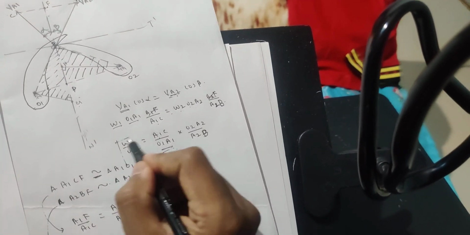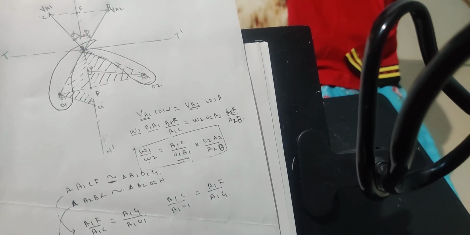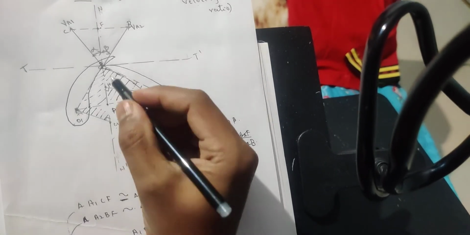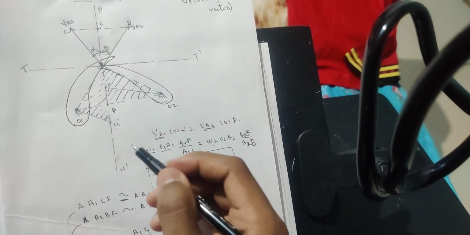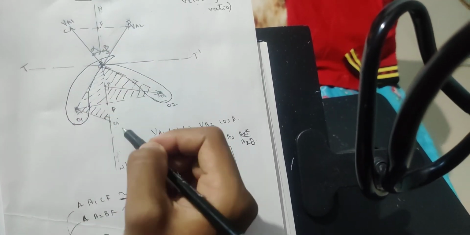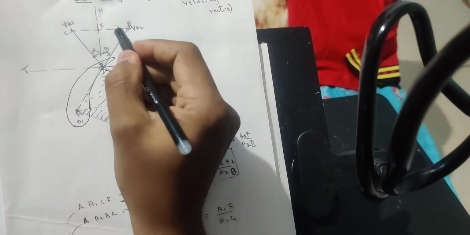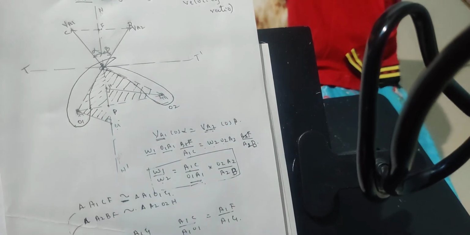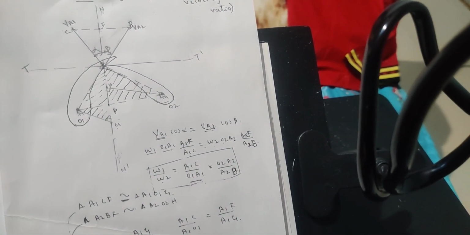So we get this particular equation. Then I take two triangles: first is A1CF and the second is A1O1G. I find the ratios of the distances, applying the similar triangle concept.